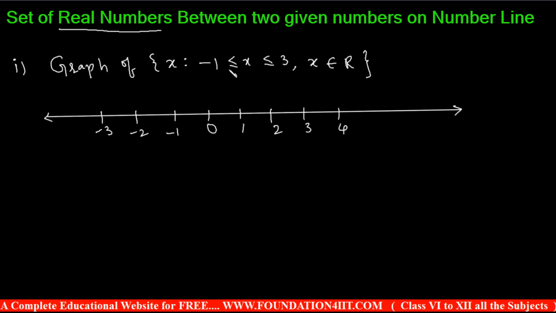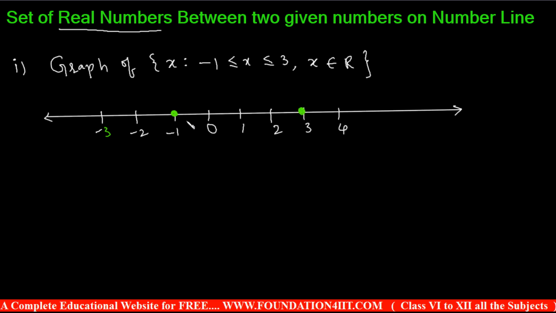Because of less than or equal to, because of the equal symbol, we should keep one circle and should bubble this entire circle. If it is not included, that is a hollow circle. We'll see that in the next example. So because -1 is included and 3 also is included, this entire range from -1 to 3 is included.